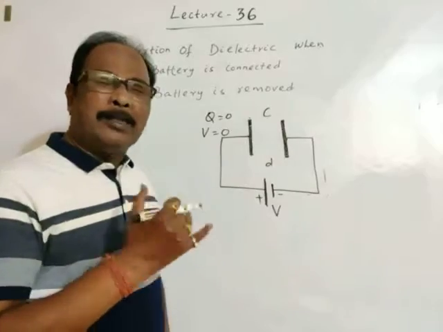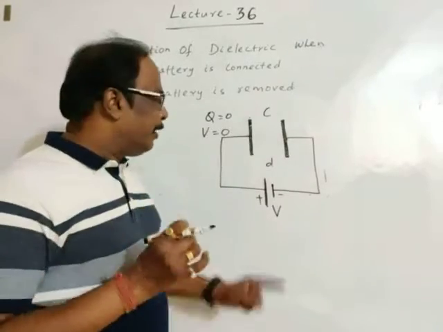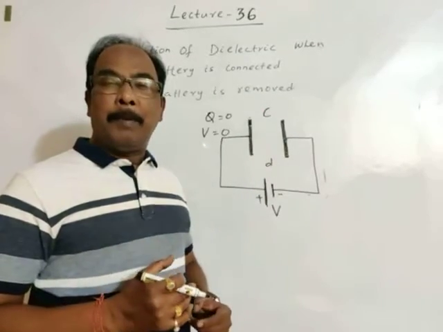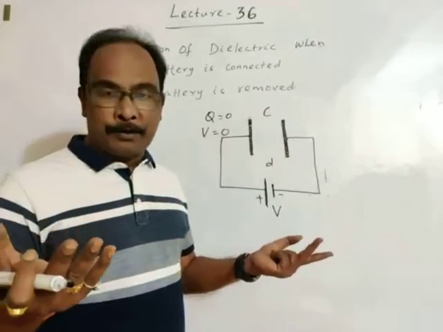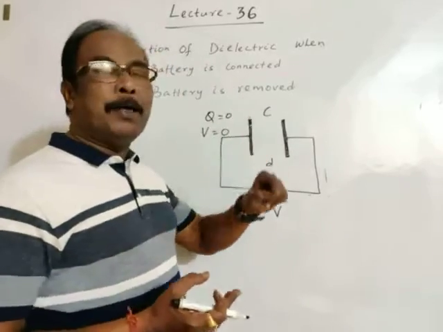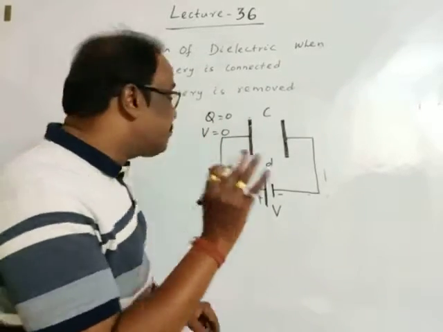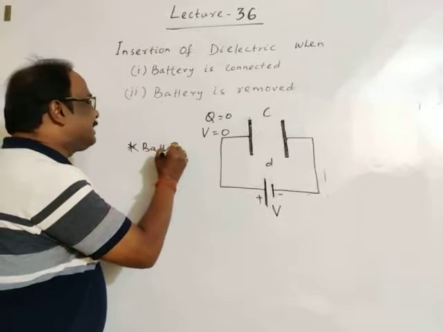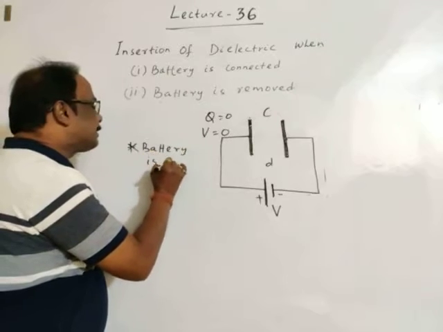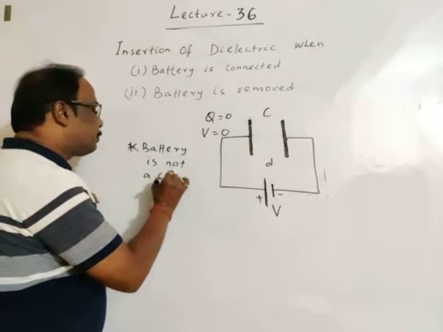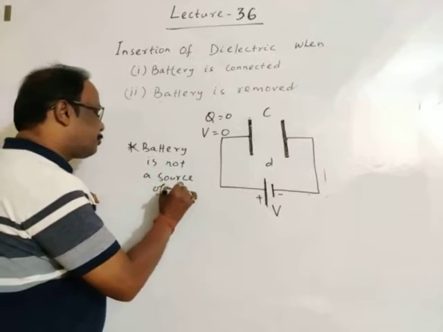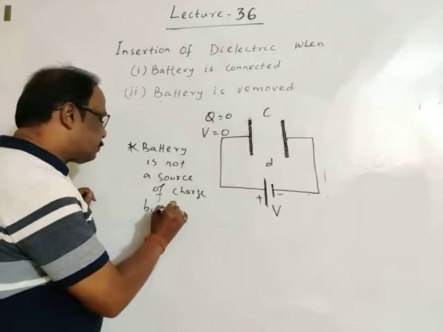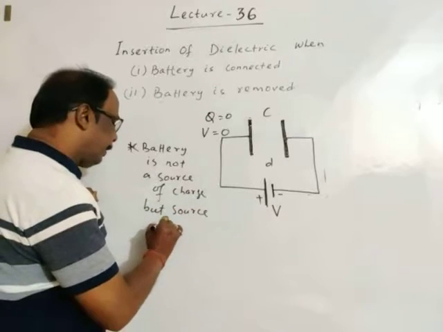What is a battery? We know if a battery is connected between the plates of a capacitor, then the uncharged capacitor will get charged. But remember, a very important and basic concept: battery is not a source of charge, but a source of energy.